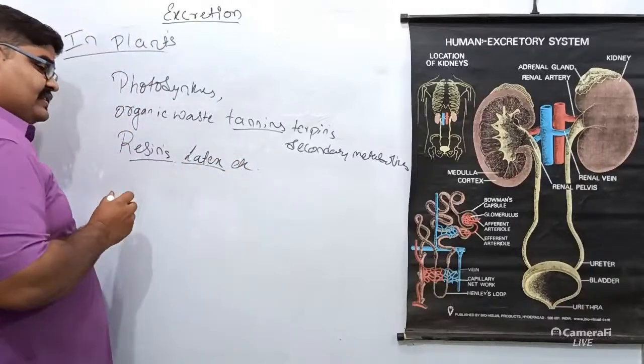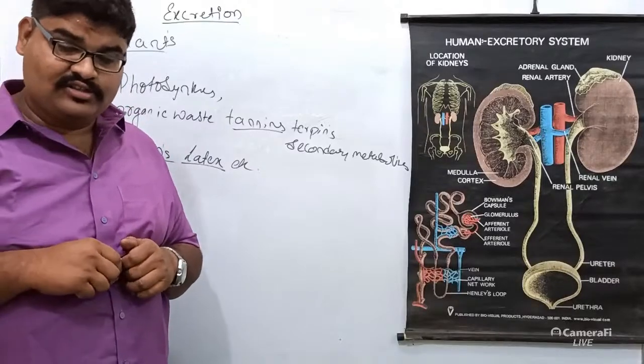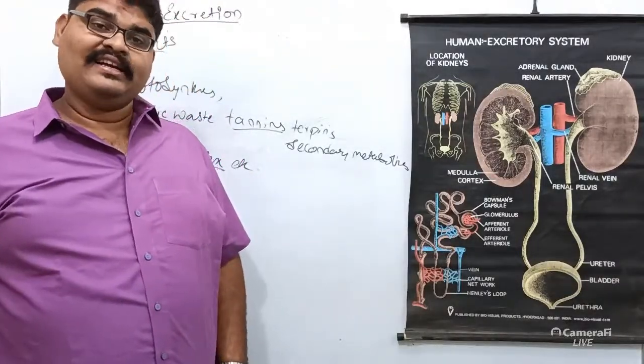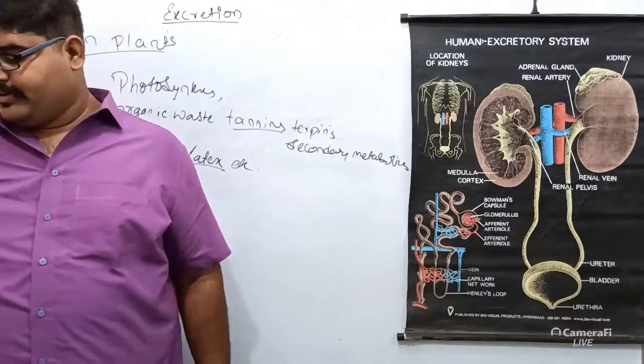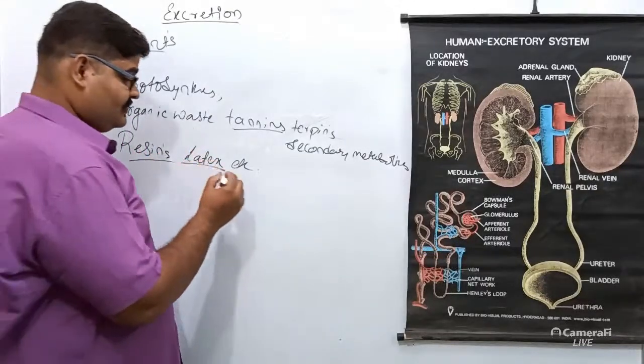Resins are nothing but the gluey material or substance which is oozing out of the plant body, which we commonly call gum. The most common gum which we use in our day-to-day life is hing, asafoetide.